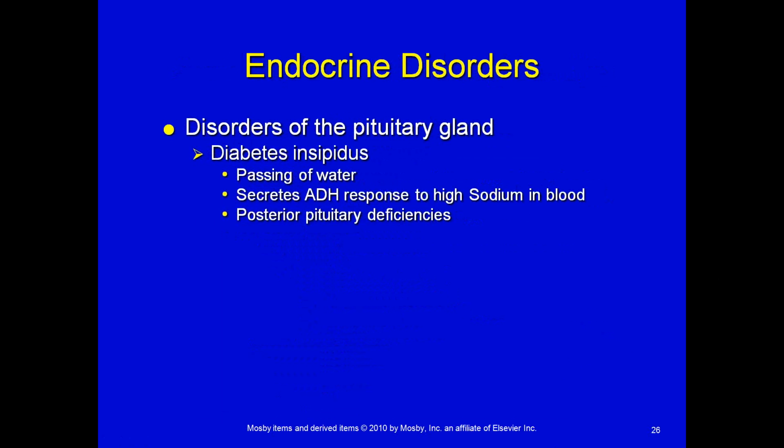And in diabetes insipidus, because of high sodium levels, you're constantly going to the bathroom, much like a diabetic would, in order to get rid of those high sodium levels. And diabetes insipidus is a result of a deficiency in the posterior pituitary gland.